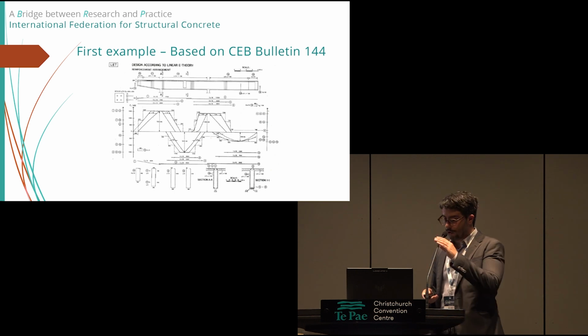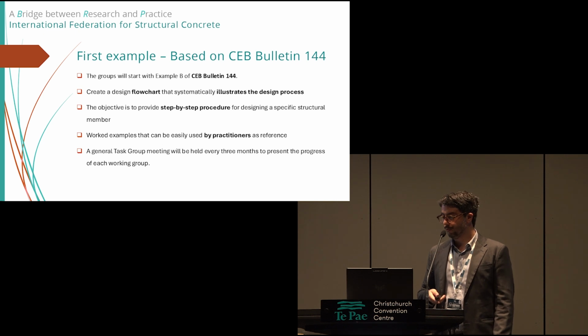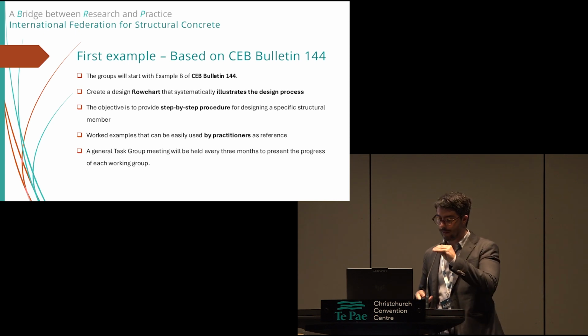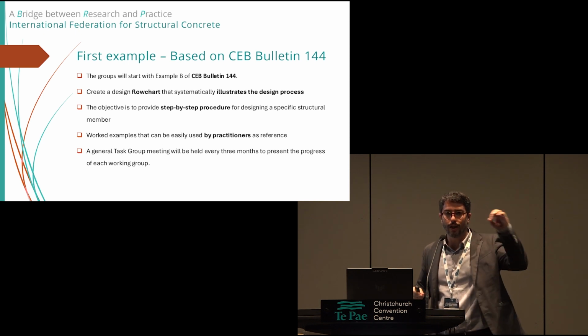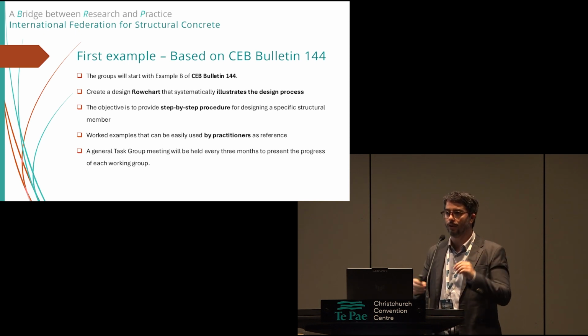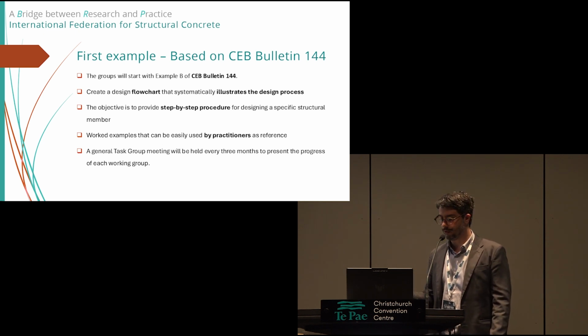So we started the group with this CEB bulletin 1444. We want to create a flow chart as well to help the practitioners to see, I'll start there and I'll end up there, and here's how we're going to do it. So we illustrate the design process.